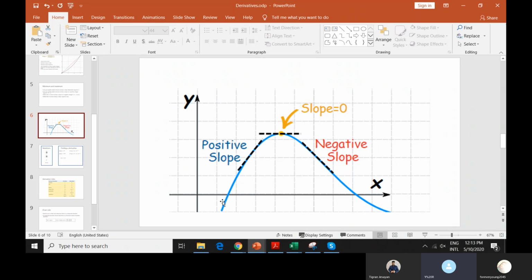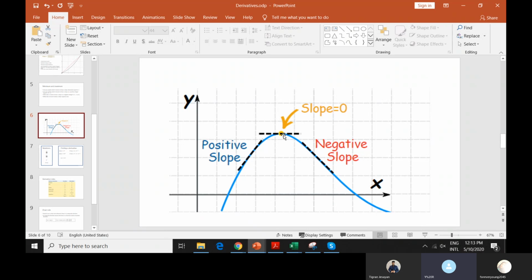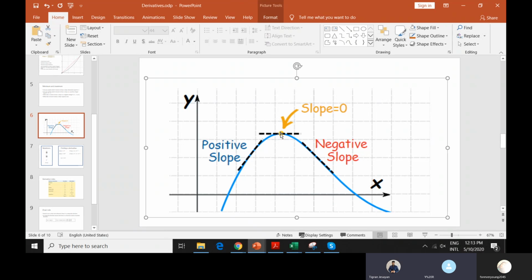So when you have a curve like this, you have a positive slope and then you have a negative slope. And at the top, at the peak, the slope is 0 because it's straight, you see? So also in this example, at the maximum profit, this is the maximum profit point. At this point, the slope is 0.